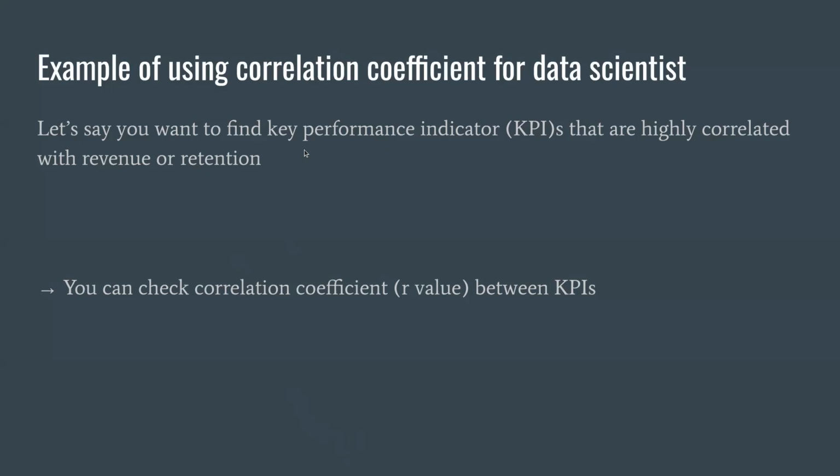When you work as a data scientist or data analyst, this is something that you would often do, because for companies, revenue and retention are like the two most important things. For this case, you can check the correlation coefficient, which is the R value, between KPIs.